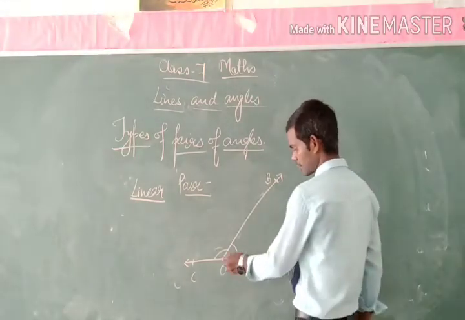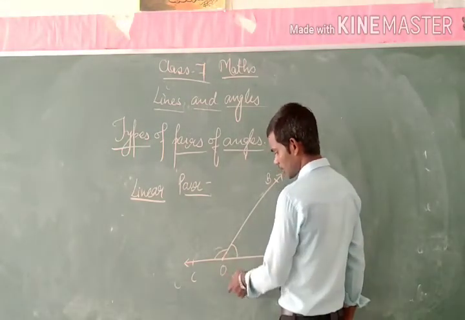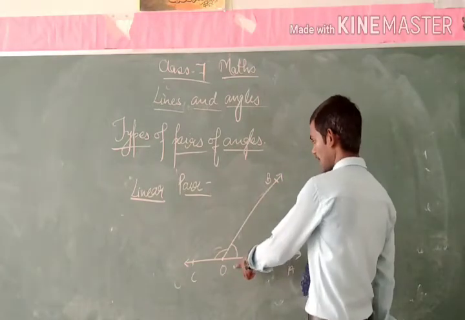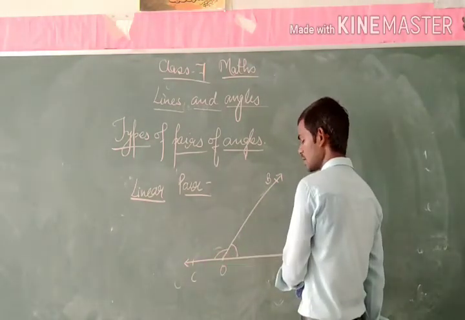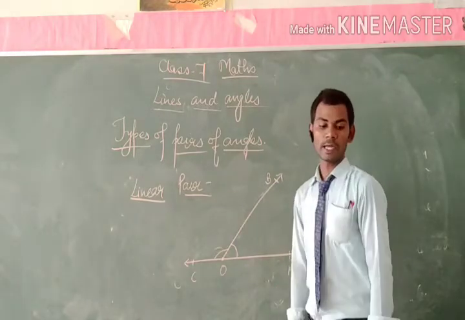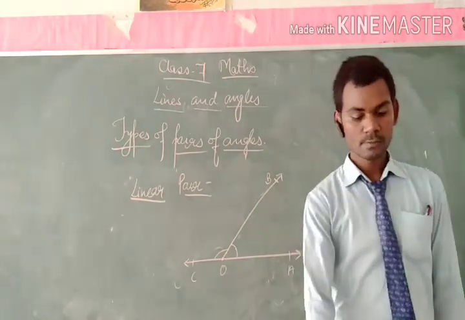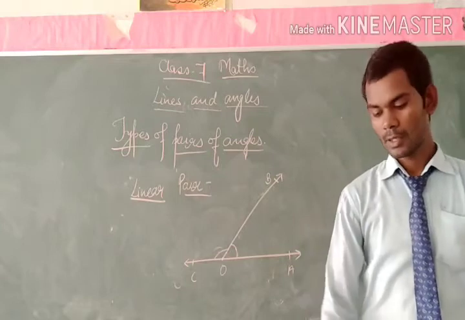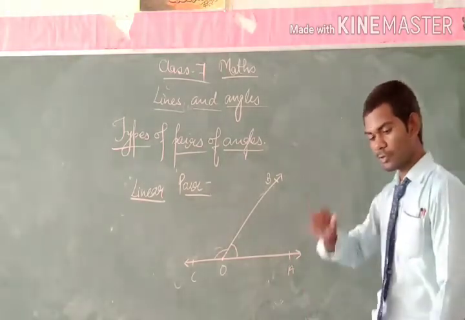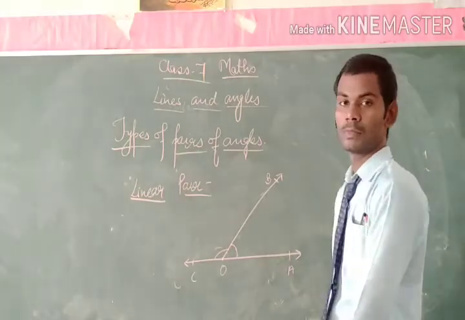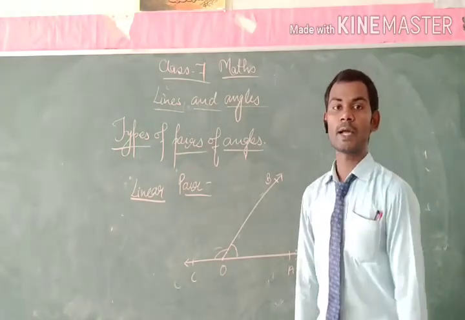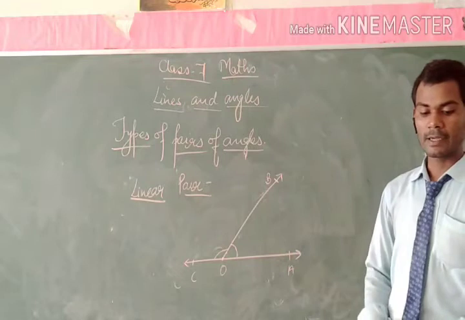We can also see that at the point O, the line OB intersects the line CA, so we define a linear pair: two angles are said to form a linear pair if they form adjacent angles by two intersecting lines.